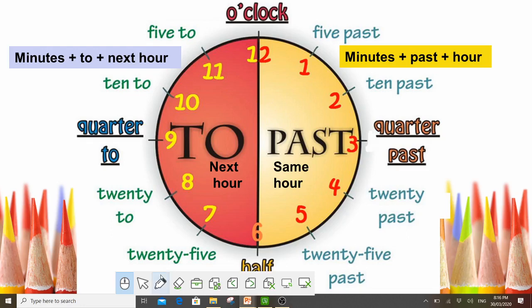If the hour hand is pointing on the 4 and the minute hand is pointing on the 12, I will say 4 o'clock, okay?